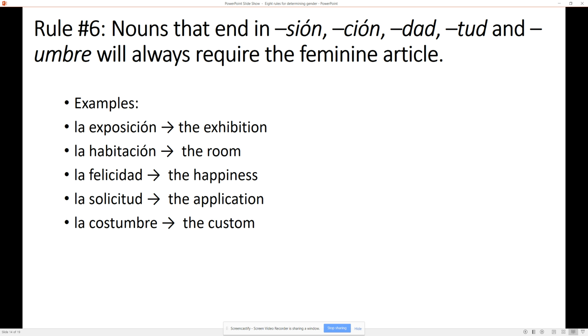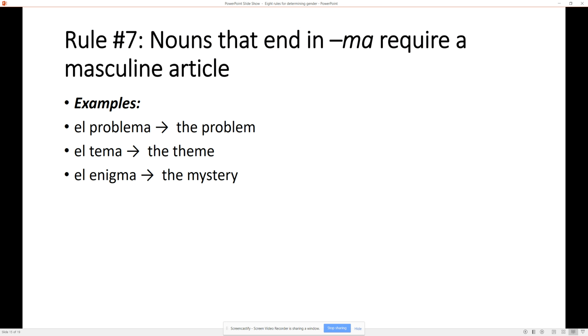So these words ending in sión, dad, tud, and umbre, when words end in this, they are going to be feminine. Now, a lot of words that come from Greek end in M in English: problem, theme, enigma. So these words are going to stay MA and they're going to remain masculine.